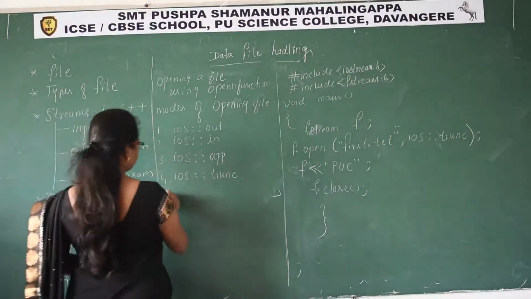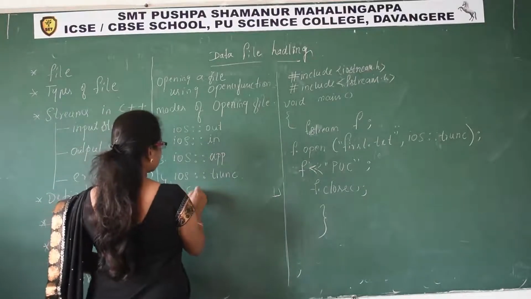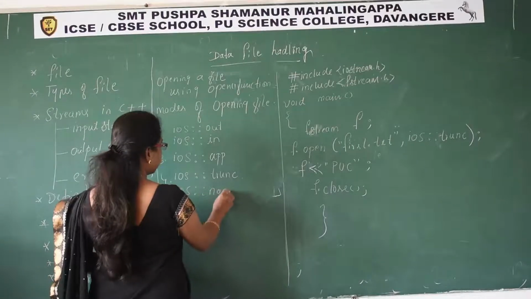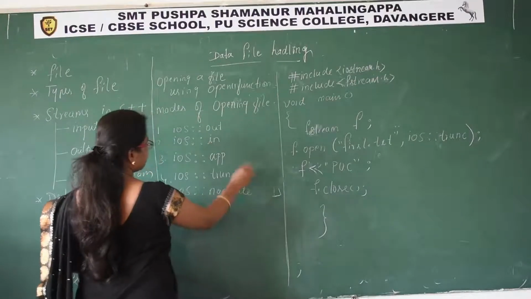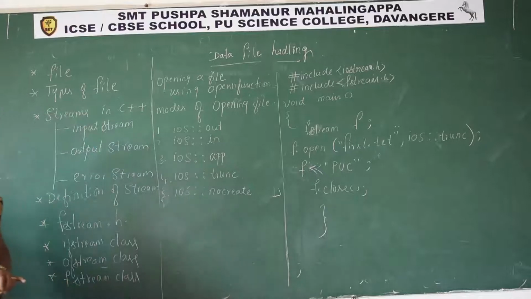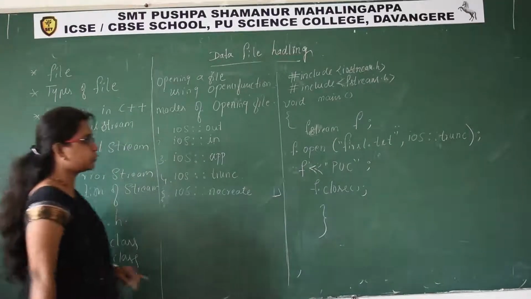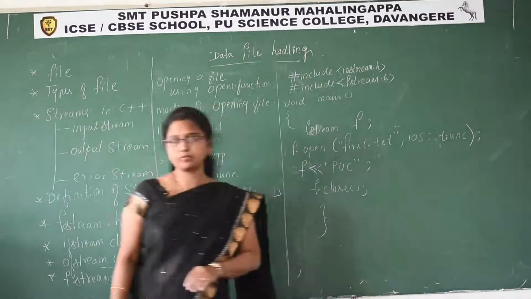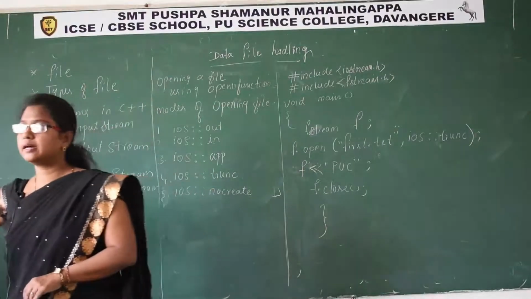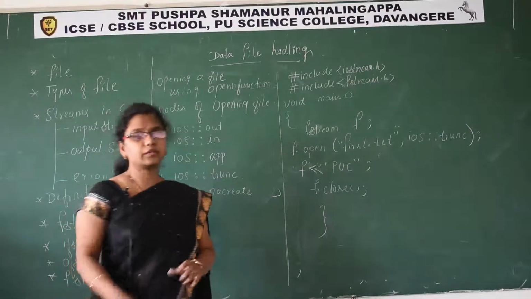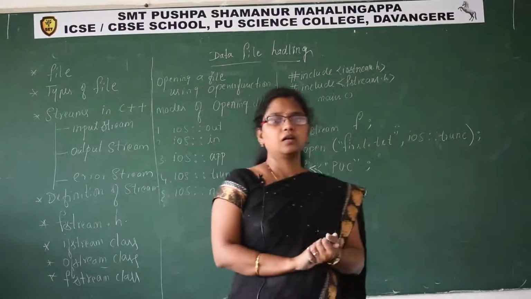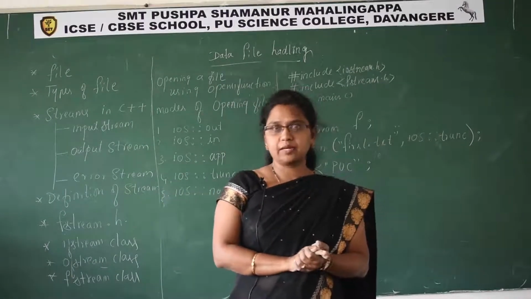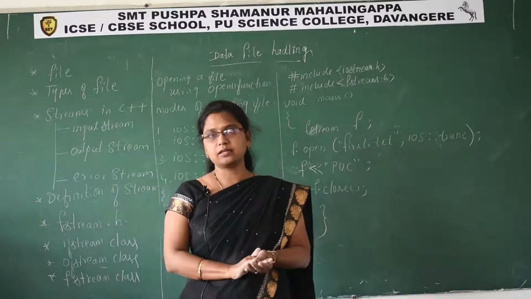One more mode, ios::nocreate. This is another mode. So what is it? No create mode. I told you before, when you want to write data or text into a text file, we have to mention the file name in order to open that file, isn't it?